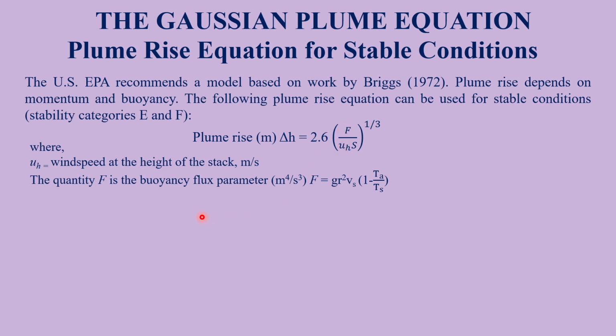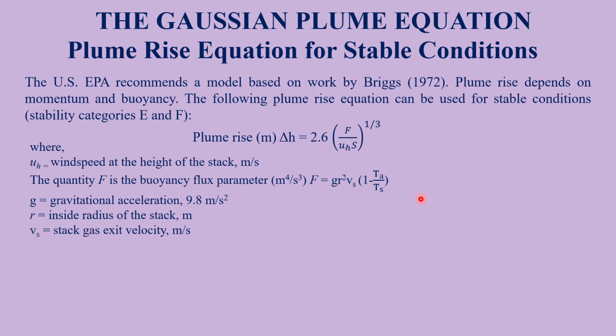F is the buoyancy flux parameter, which is determined by this formula g r square Vs into 1 minus Ta by Ts, where g is the gravitational acceleration, which is 9.8 meter per second square, r is the radius of the stack, Vs is the stack gas exit velocity meter per second, Ta is the ambient gas temperature, and Ts is the stack gas temperature.